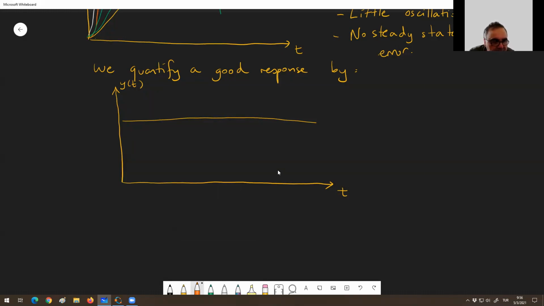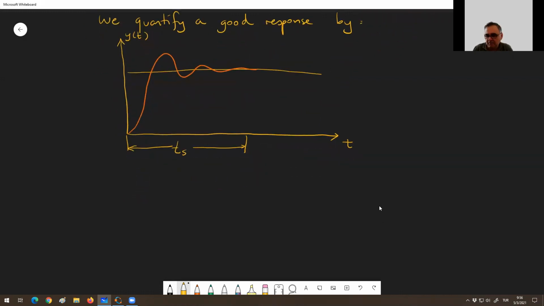Secondly, let's plot it here. This is the response, right? First of all, the system should be fast, and that can be measured by the time it settles, okay? This is called the T_s, which I will call approximately, that is when it reaches 99% of the steady state. I can call it the settling time.